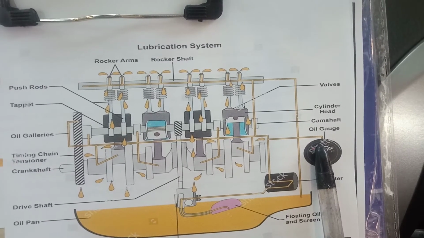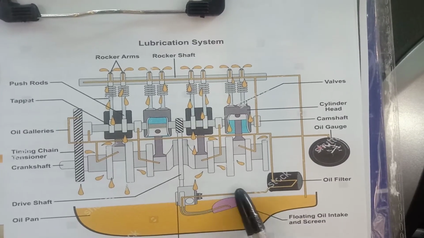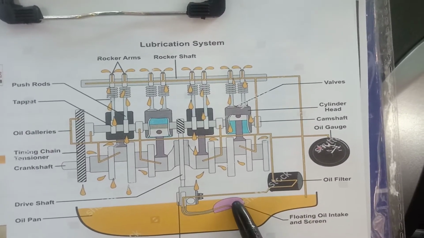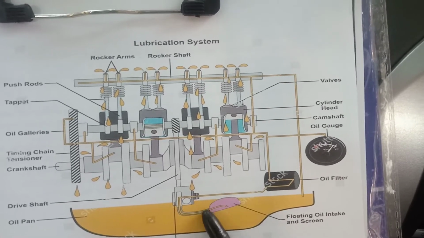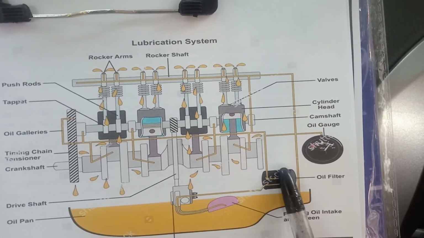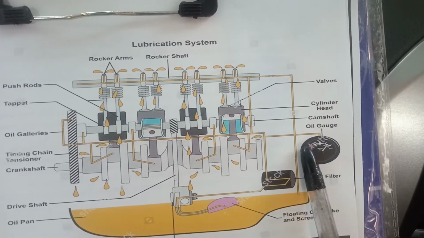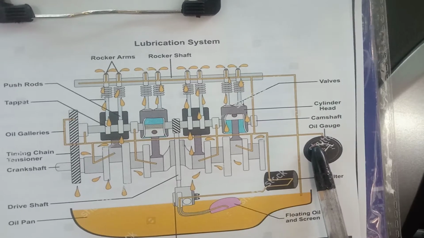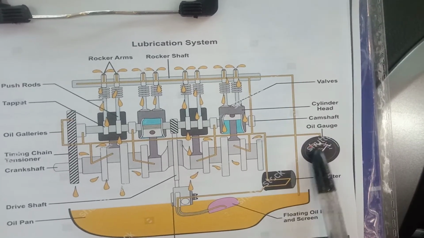In some cases, if there is a faulty oil pump, or if the oil strainer is very much choked, or the oil filter is very much in choked condition, then there is no deflection in the oil gauge, or very little deflection, or the oil gauge will not show the recommended pressure.